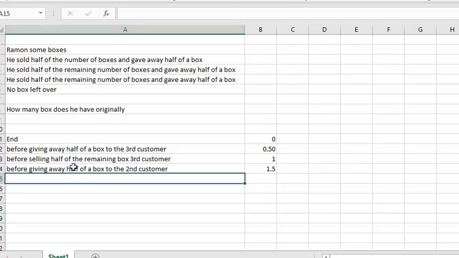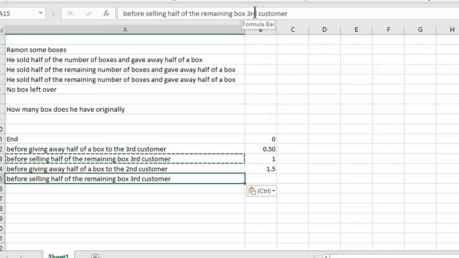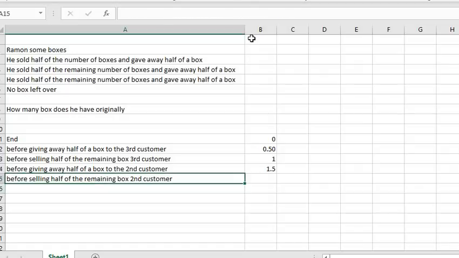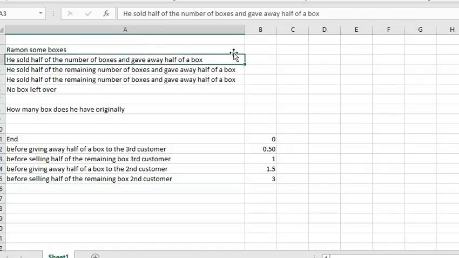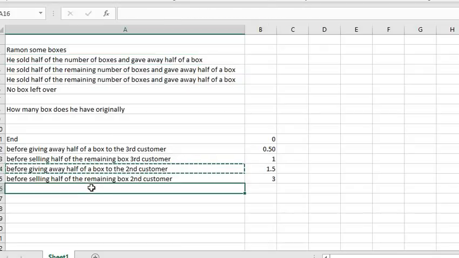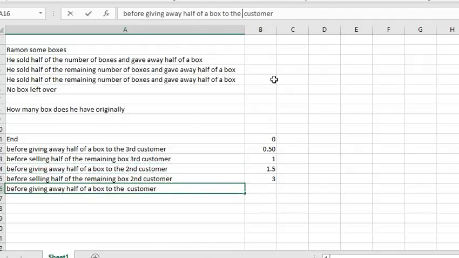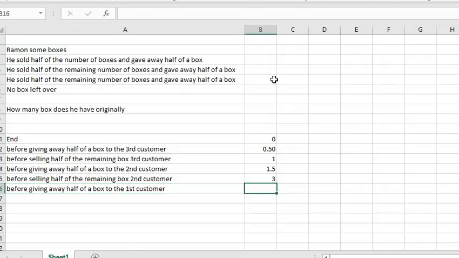And then before selling half of the box to the second customer, we will double 1.5, that's 3. And now we are here at the first customer. So before giving away half of the box to the first customer, he has 3.5, right?